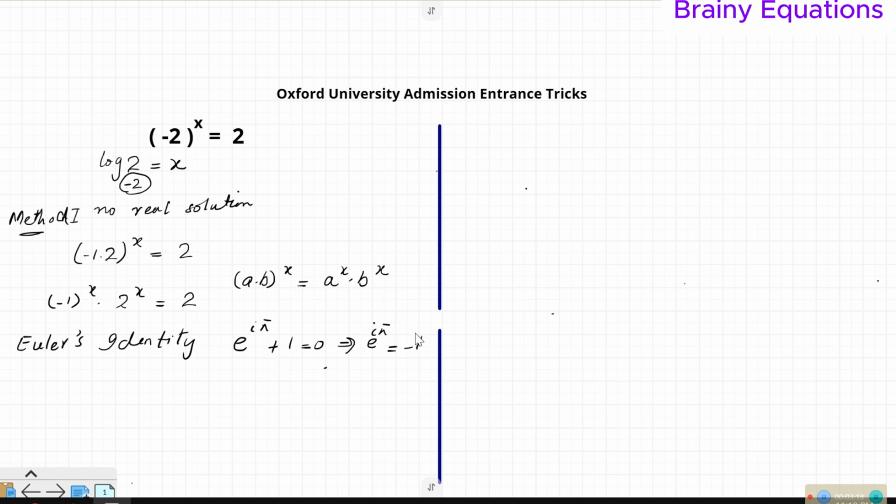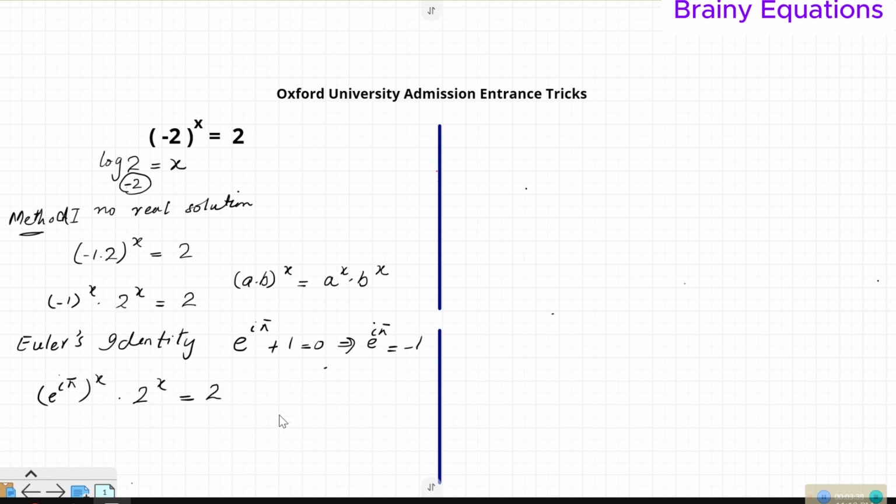We can plug in this value in place of -1 here in the next step, and we will get (e^(i pi))^x times 2^x is equal to 2.